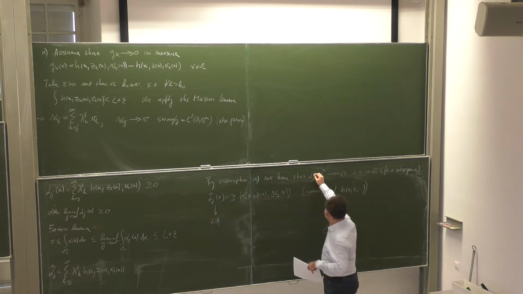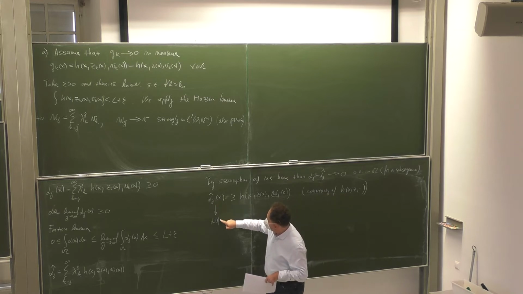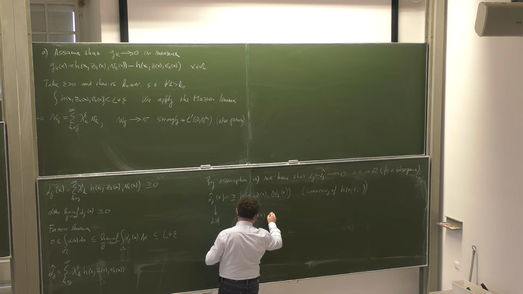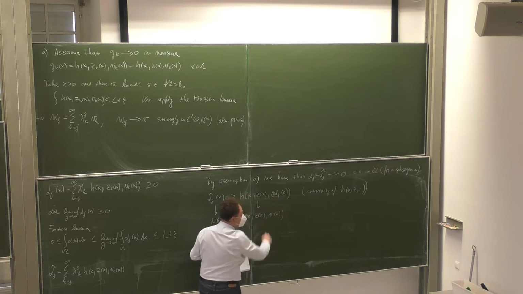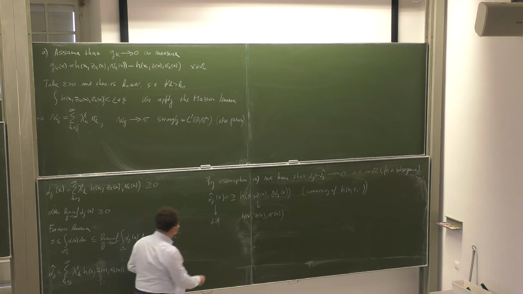So alpha_j goes to alpha, and the right-hand side goes to h(x, z(x), v(x)), because this is now converging pointwise too. So I also have here bigger or equal.